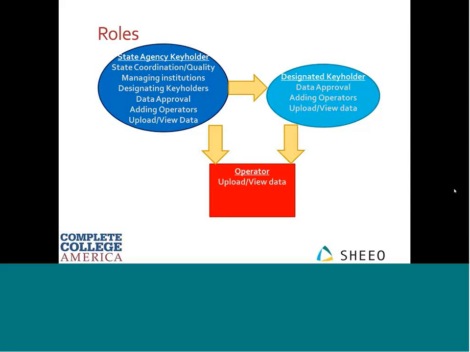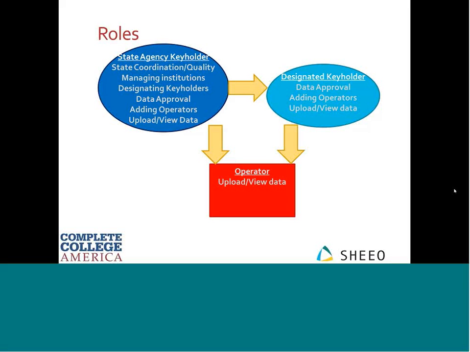And we have also added an additional role called the designated key holder. One of the things that we noticed last year is that there were a number of states who had a key holder who managed the process, but somebody else was responsible for approving what was going on or maybe managing the process at an institutional level. So this year we've actually given you the flexibility to designate those people.